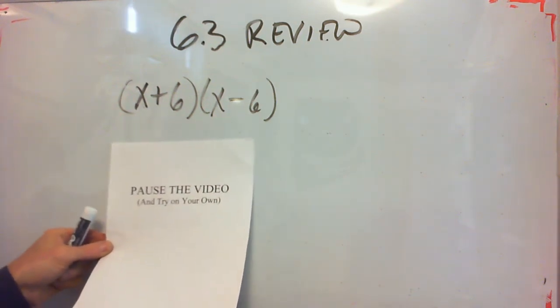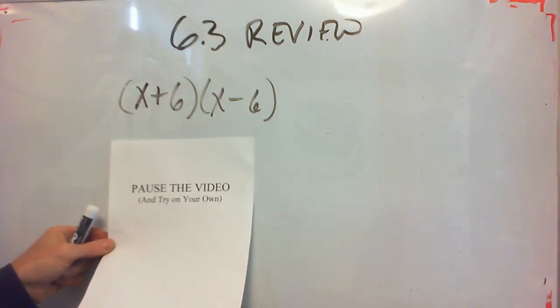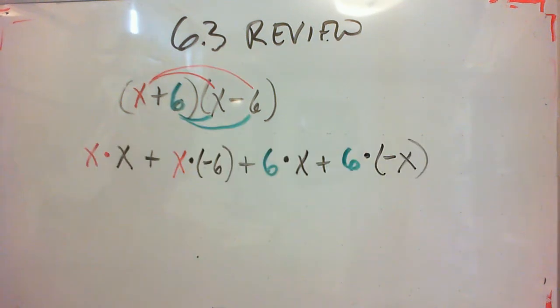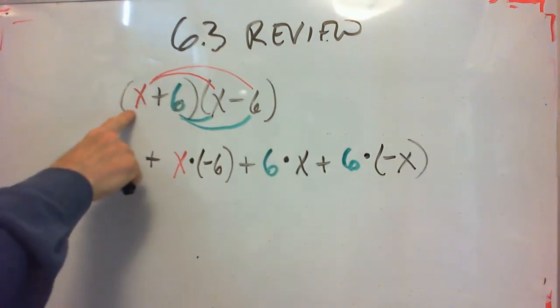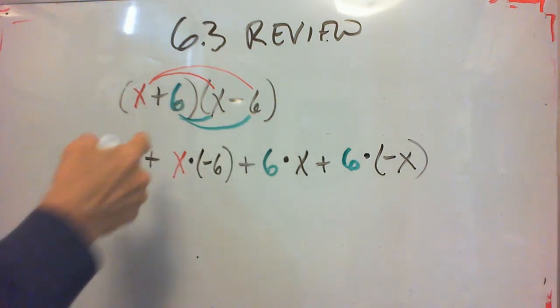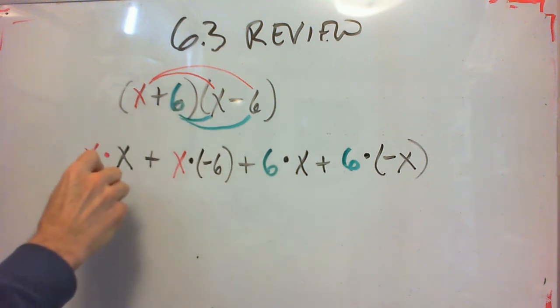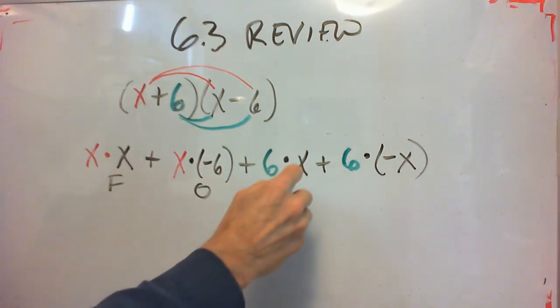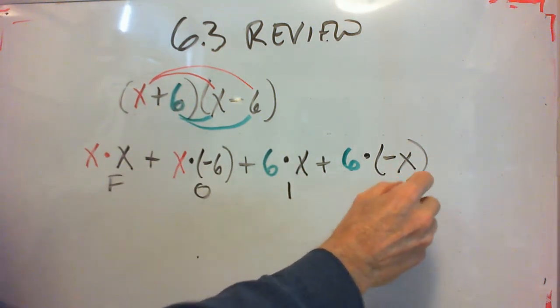So here's a problem for you to try. Multiply x plus 6 times x minus 6 and simplify. So we multiply those first two terms by the other two terms. And again, we can use that FOIL procedure. First terms, outer terms, inside terms, and last terms.